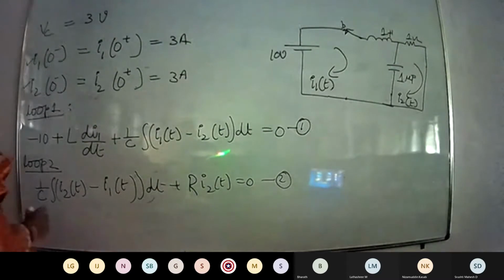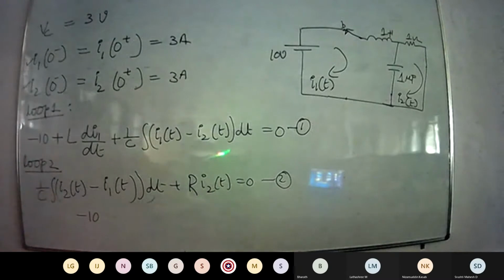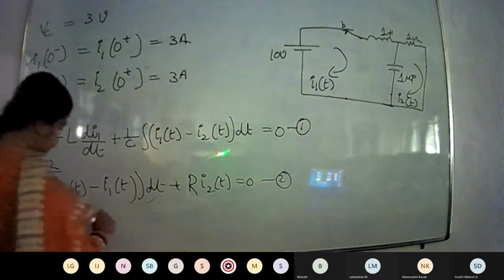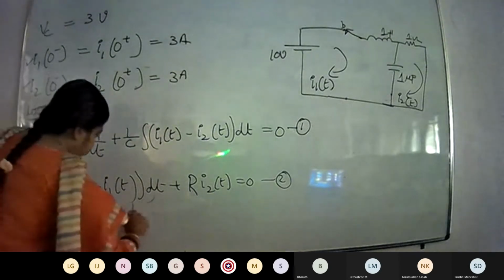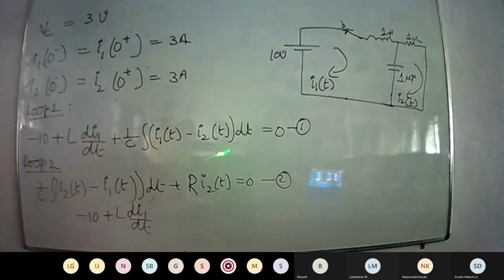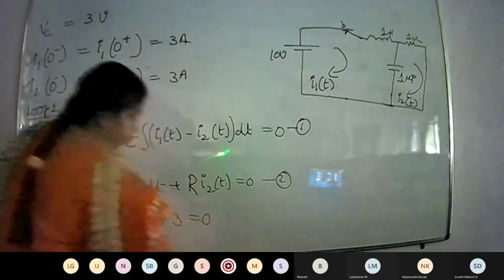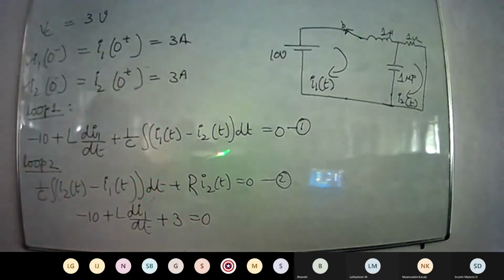So it is minus 10 plus L into di1 by dt plus 3 is equal to 0.